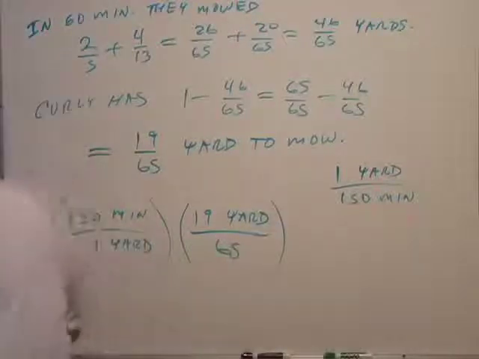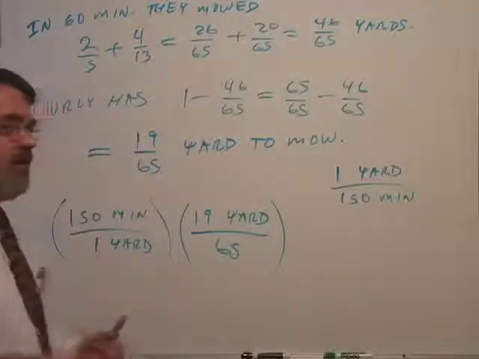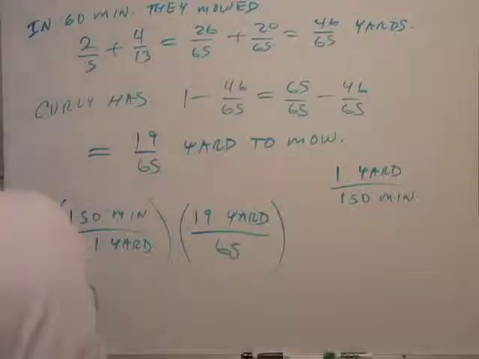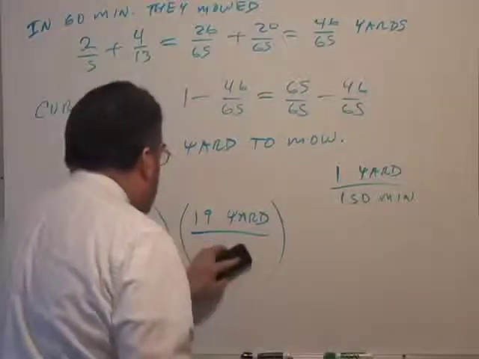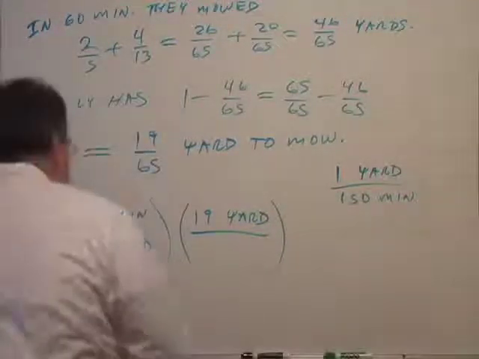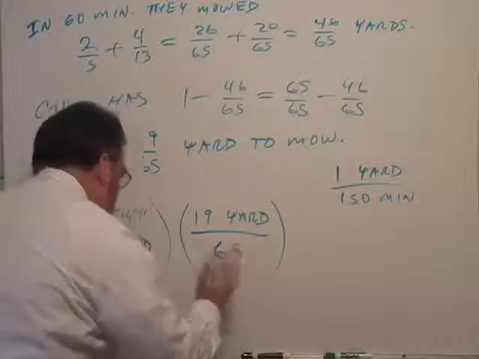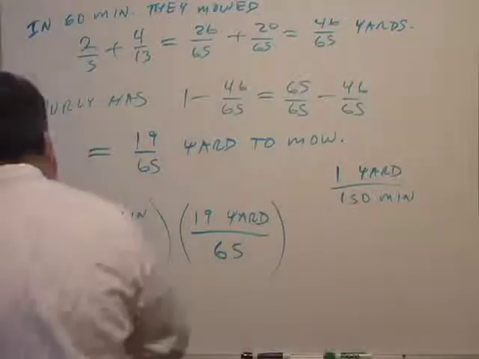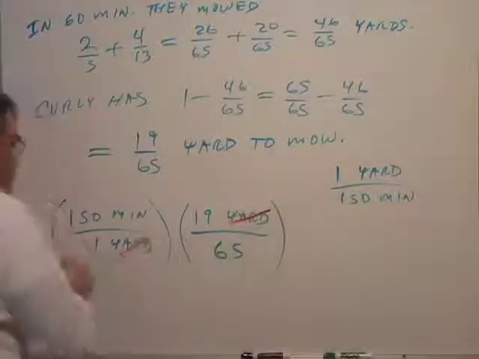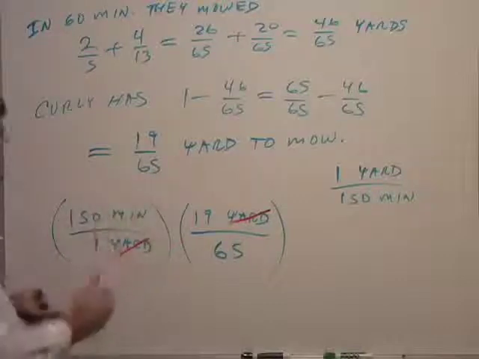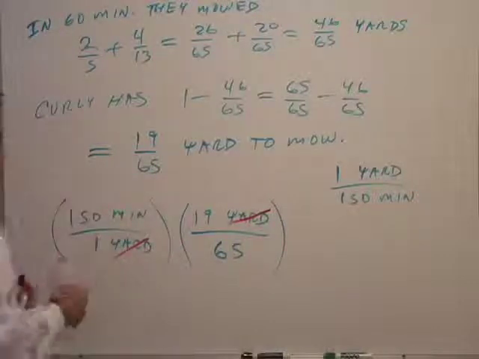So when I multiply these together, the units work in our favor. And my handwriting is not working in our favor. Let me make this a little more legible here. That's supposed to read 65. There we go. So the word yard cancels. I'm left with minutes. That's what I wanted. I wanted the minutes it took him.